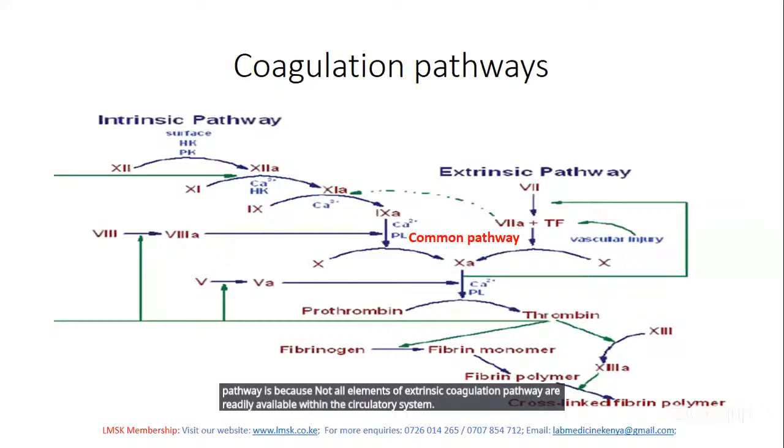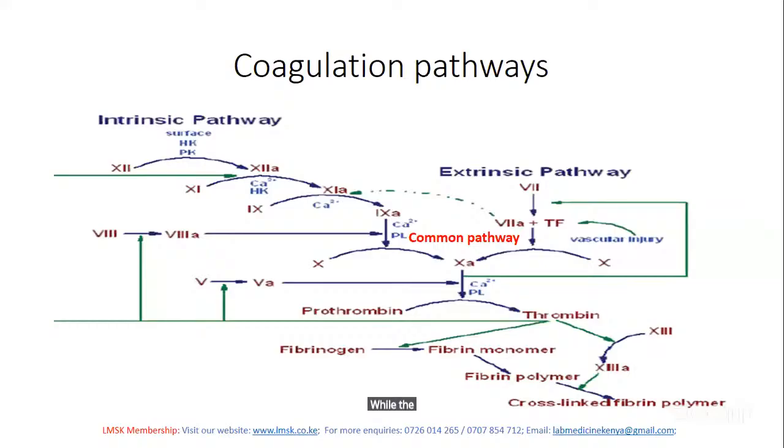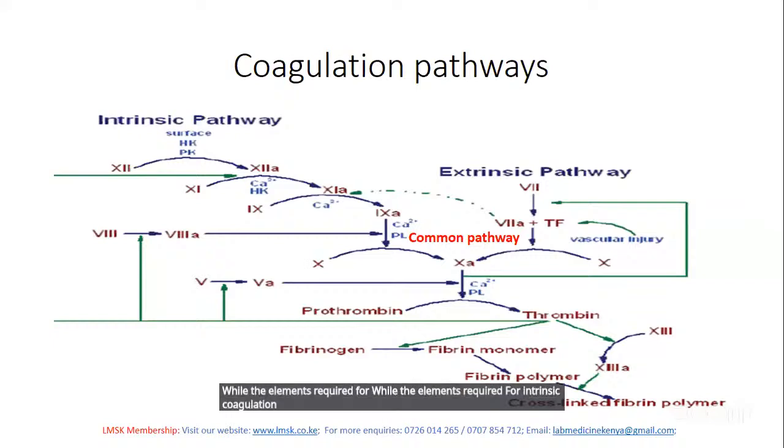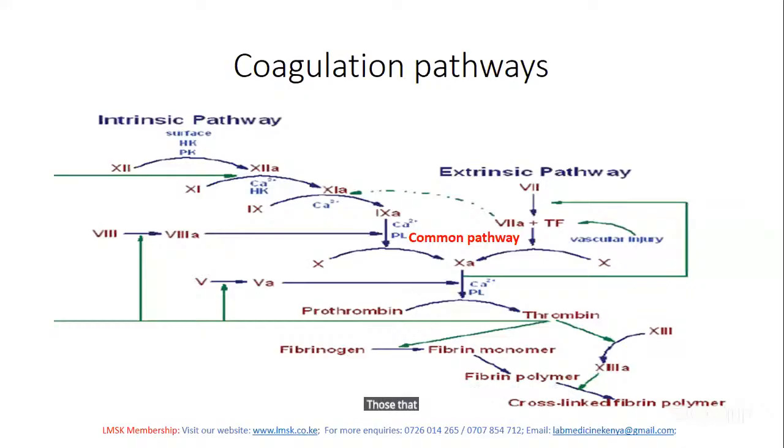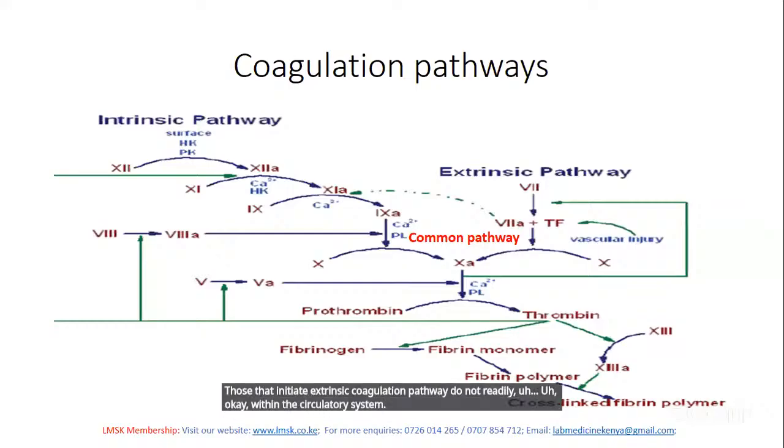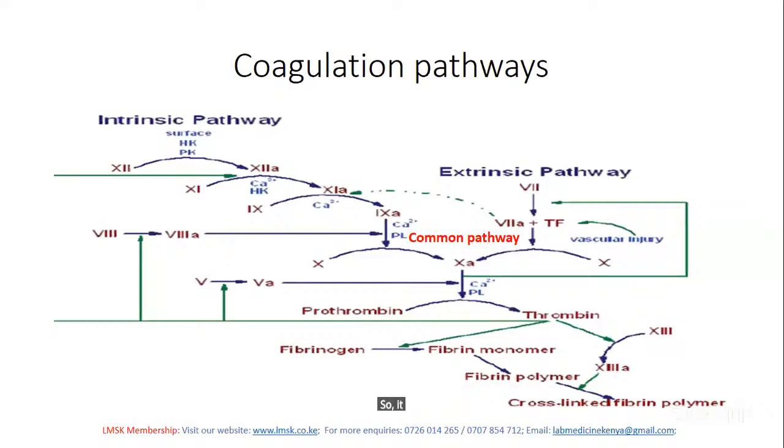While the elements required for intrinsic coagulation are readily available within the circulatory system, those that initiate the extrinsic coagulation pathway do not readily occur within the circulatory system. So it begins by the blood vessel injury.